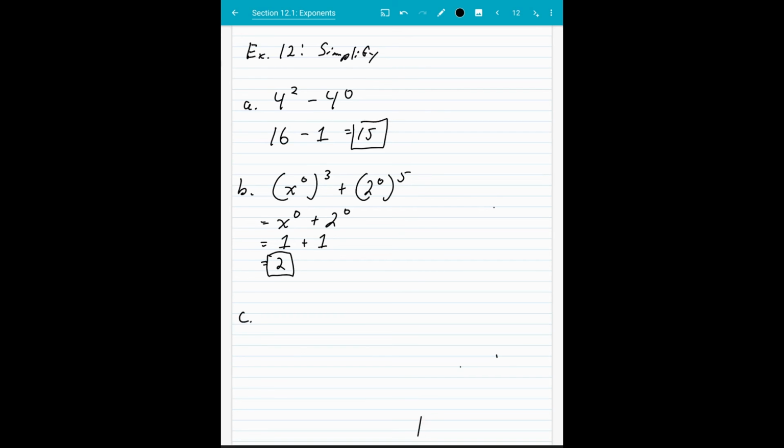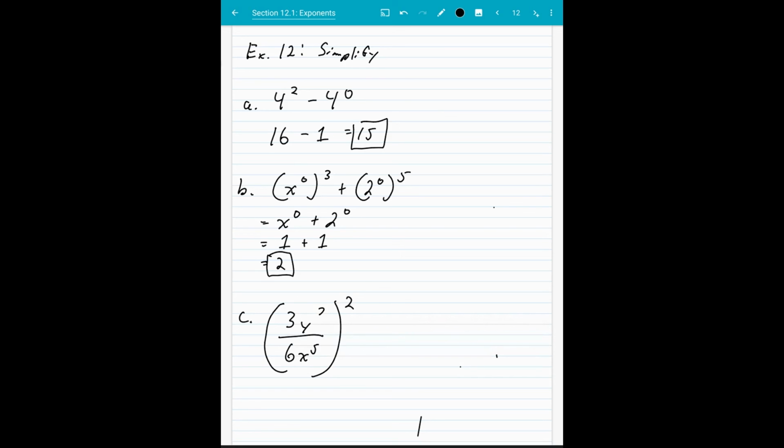But let's look at one a bit more complex like c. 3y, oops, that's the entire fraction. 3y to the 7th divided by 6x to the 5th, all raised to the second power. This was a little tricky because we have to look at what we want to do first.